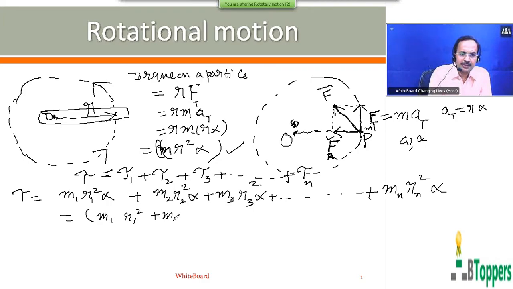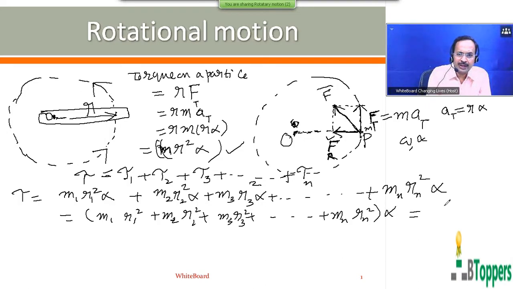So m1 r1 square plus m2 r2 square plus m3 r3 square, and so on up to mn rn square, into alpha. Or you can write sigma mr square into alpha.